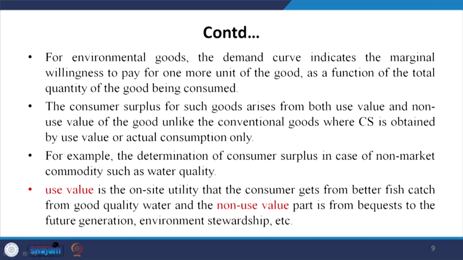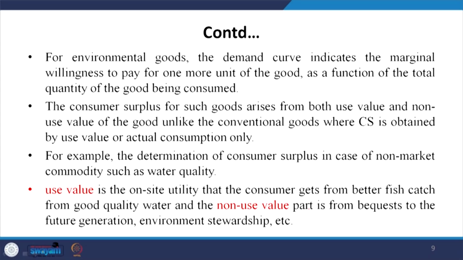For environmental goods, the demand curve indicates the marginal willingness to pay for one more unit of output as a function of the total quality of the goods being consumed. The consumer surplus for such goods arises from both use and non-use value of goods, unlike conventional goods where we have only use value and consumer surplus is assessed only on the basis of actual consumption of the commodity.